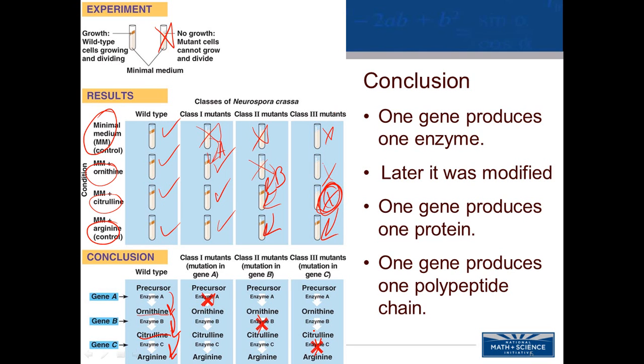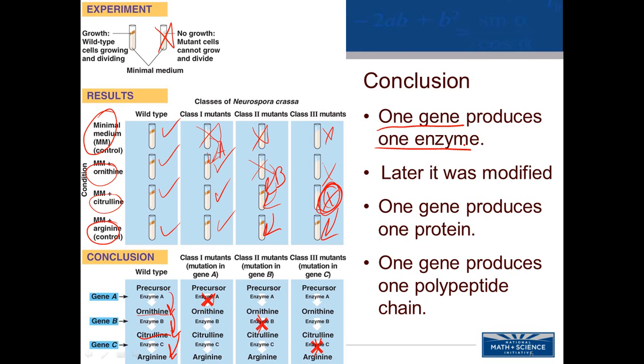So because these biochemical pathways were controlled by enzymes, Beadle and Tatum came up with the conclusion that one gene would produce one enzyme. Now, the majority of enzymes are all proteins, but not all proteins are enzymes.